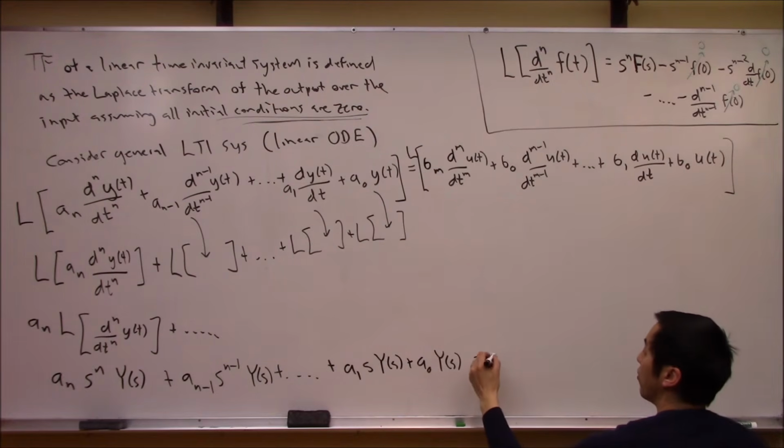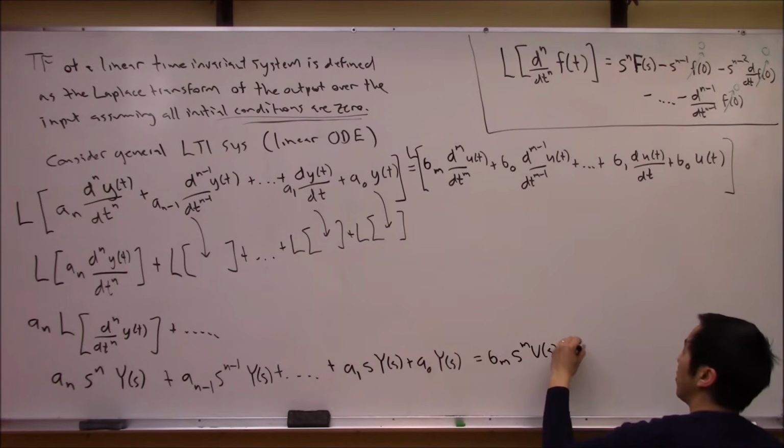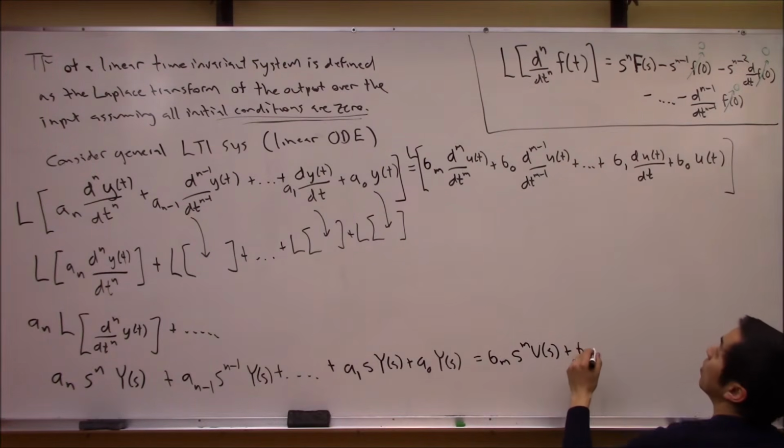So we would end up with b_m s to the m U(s) plus b_0.